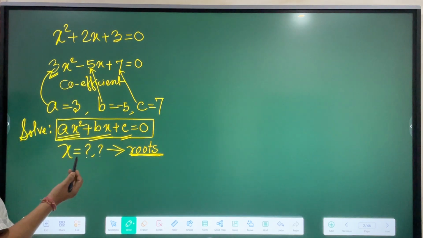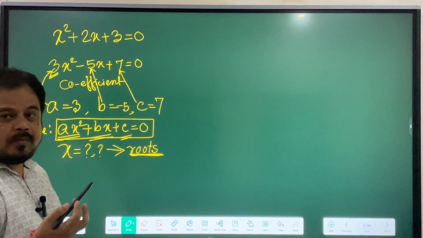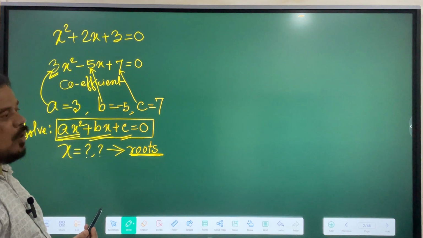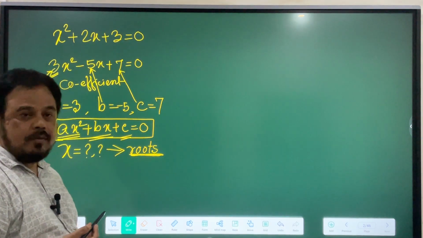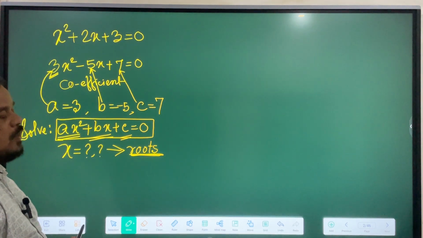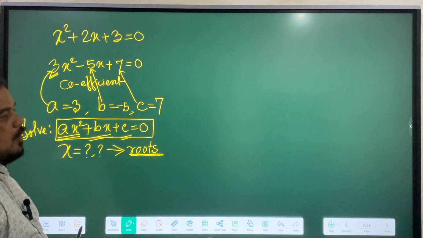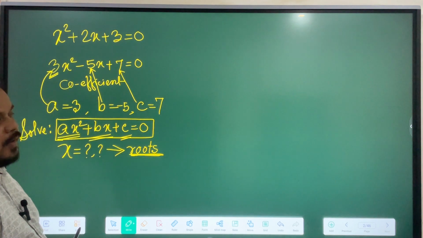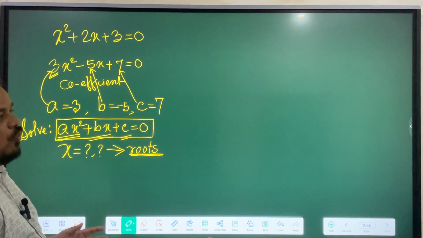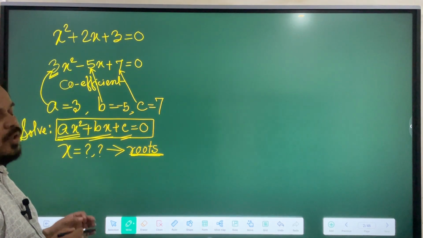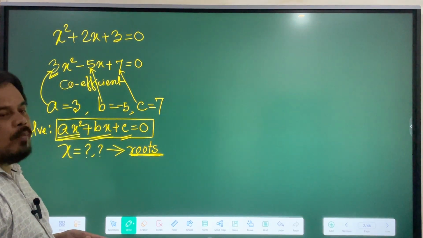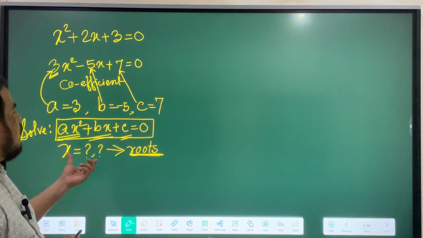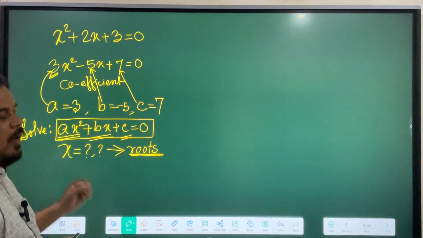Now there are 2-3 processes to find the roots of the quadratic equation. One is the factorization method, and another one is the quadratic formula. Here we will go to the quadratic formula, and by applying it we will get the value of x, that is, the roots of the equation.